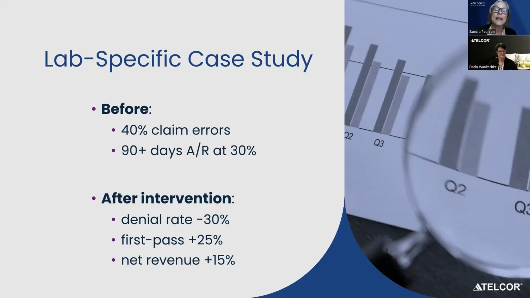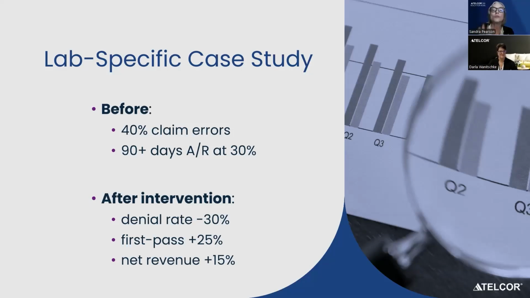So we did our gap analysis, right? And we implemented some automation. We did some more staff training. We actually changed some people around. And what we found out after the intervention, when we went back to measure, our denial rate had dropped by 30%. So it was kind of in that acceptable range at that point, right?